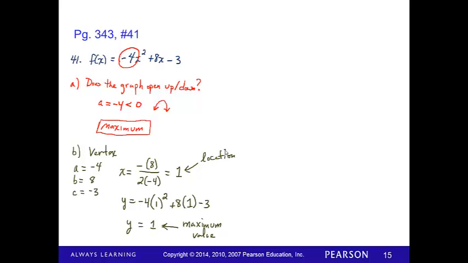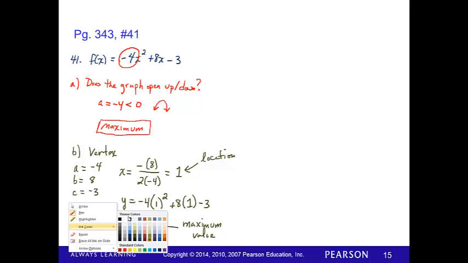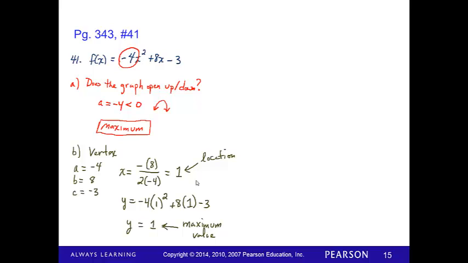And then part C is determine the domain and the range. Well, like always, the domain, since I have no restrictions, is going to be all reals, so from negative infinity to infinity. And the range, well, I know this graph opens down.